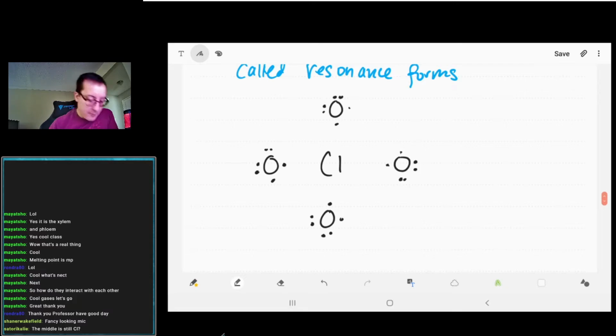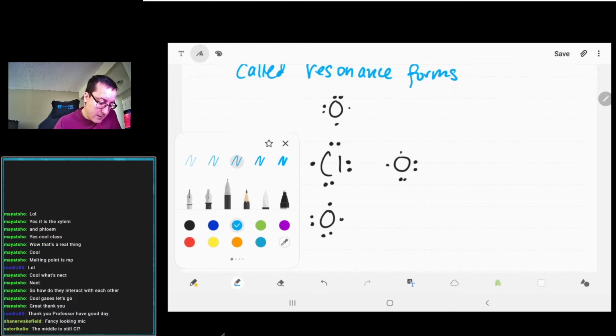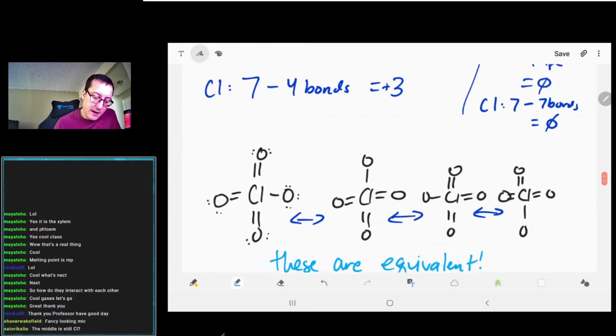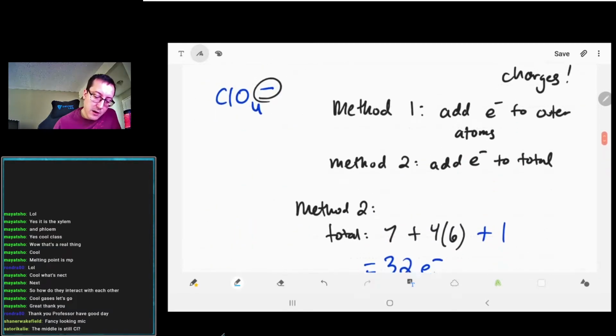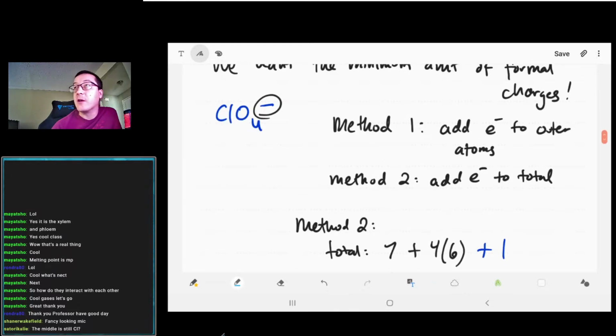Okay, with this, let's go ahead. Alrighty. So with the other method, we're going to get there in one step. So with method 1, when we have a negative charge, we are going to add electrons to outer atoms.